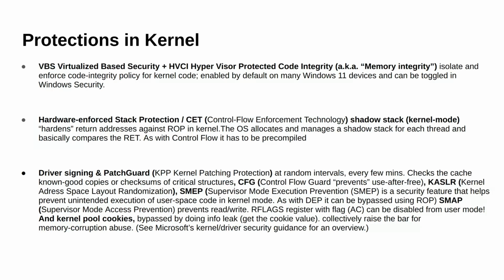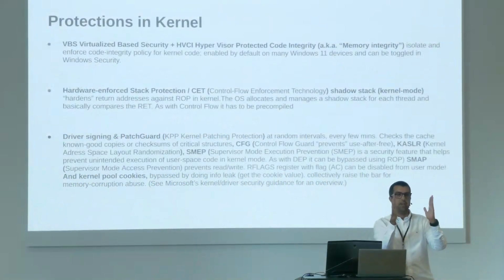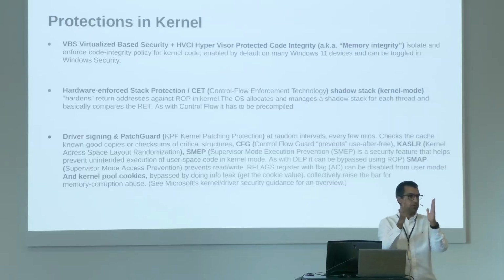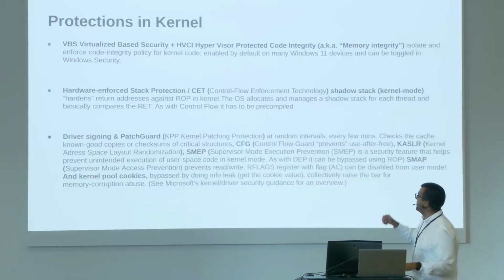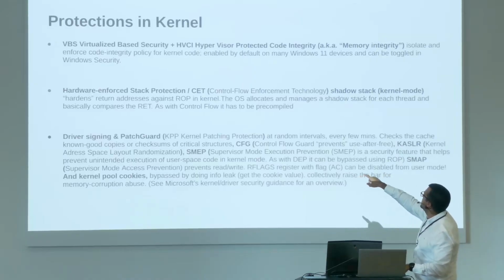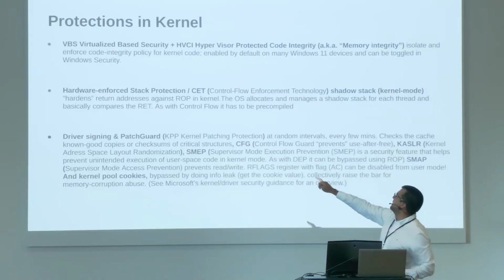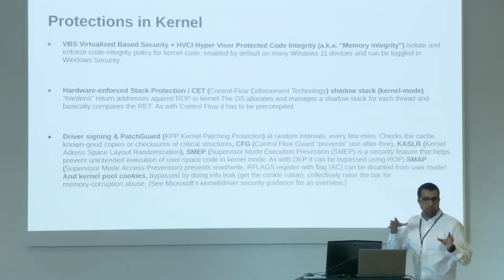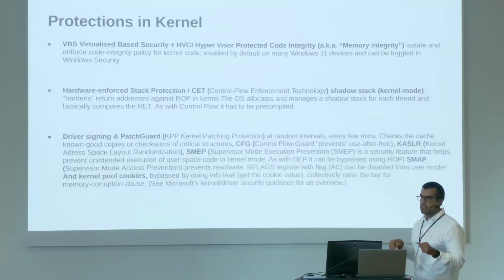I think there is something similar in user mode as well, but basically the shadow stack is a shadow copy of the stack you are using, and it compares the returns of the flow, and if they don't match, then blue screen. And it hardens return addresses against ROP in the kernel. They allocate and manage a shadow stack for each thread and compare the return addresses. That's what I said. Then driver signing, which I already explained a little bit.